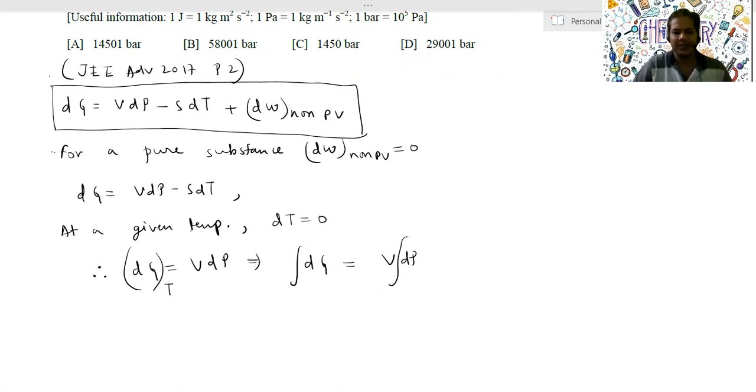Suppose pressure changes from 1 bar to P bar.